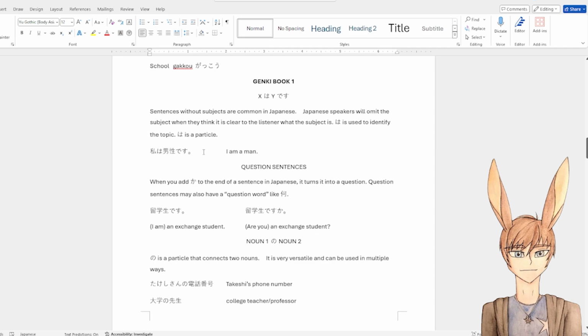So, this example sentence here, watashi wa dansei desu, means I am a man. I is the subject of the sentence. Dansei means man. Since you are the subject and you are saying man, you the subject are a man. Or the topic.